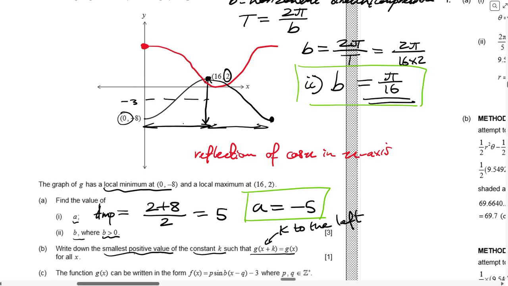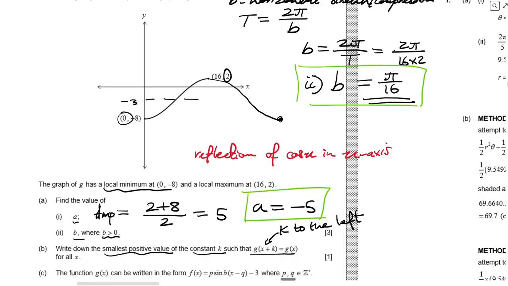Now we need to look at where would we have this same graph come back again.